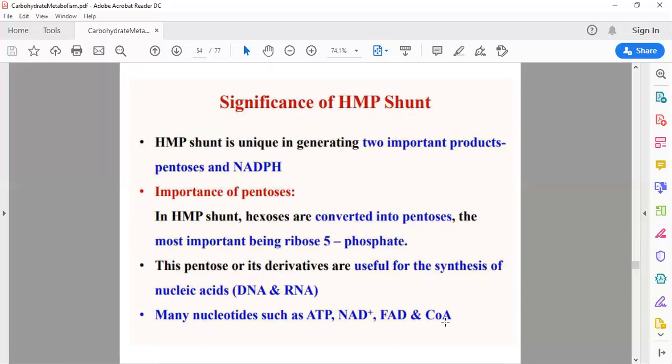So the significance of HMP shunt pathway is that it majorly involves the formation of two important products, that is pentoses and NADPH.